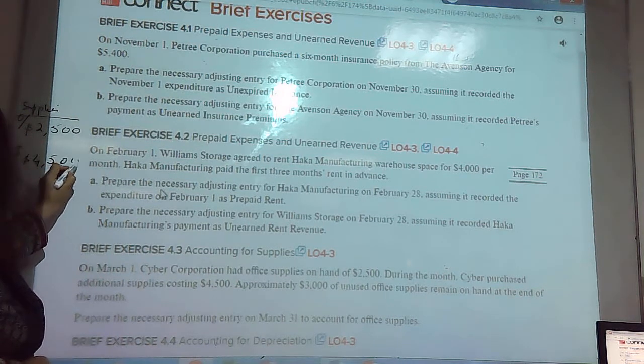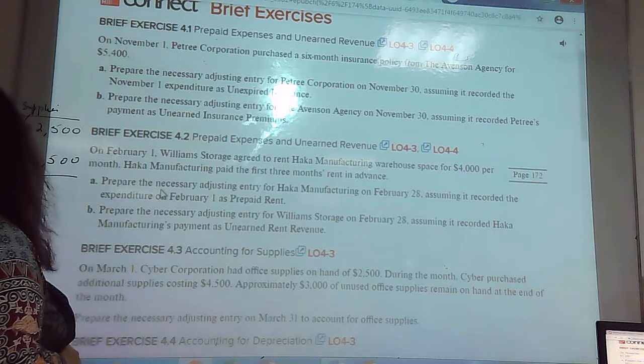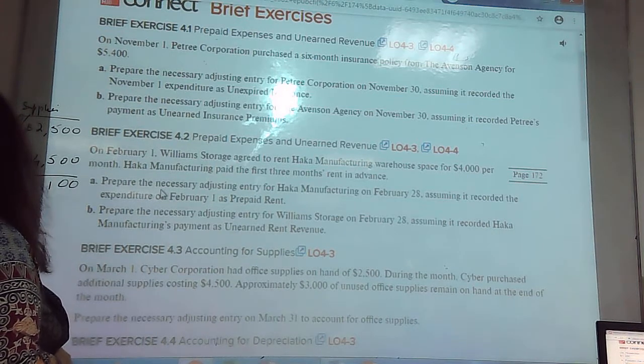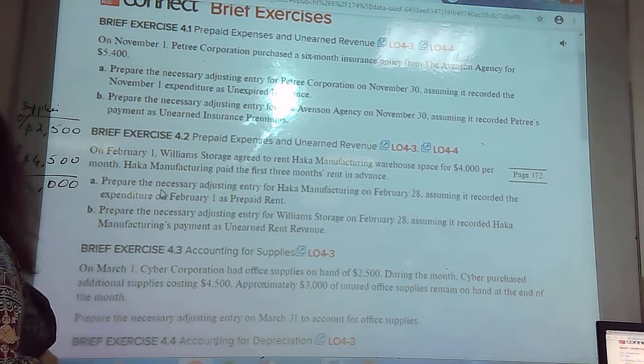And approximately $3,000 remain on hand at the end. How much does that become? So it's $2,500 plus $4,500, which is $7,000. Now the closing balance is actually subtracted.